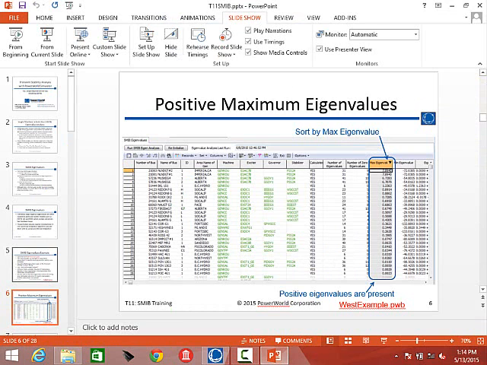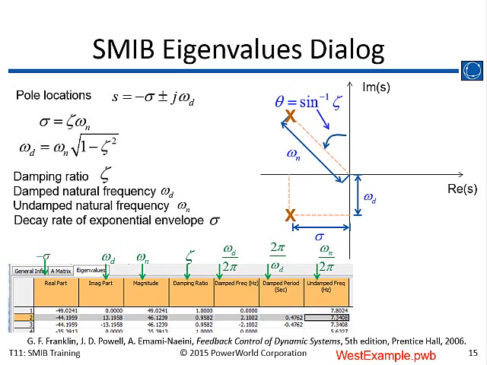What do we see when we look at these values? I'll go through this real fast, then we'll look at the dialog itself. Eigenvalues tell how your system in that state is oscillating. An eigenvalue is associated with a linearization about an equilibrium point. So we're at our equilibrium point for the transient stability run; you haven't done anything to it.